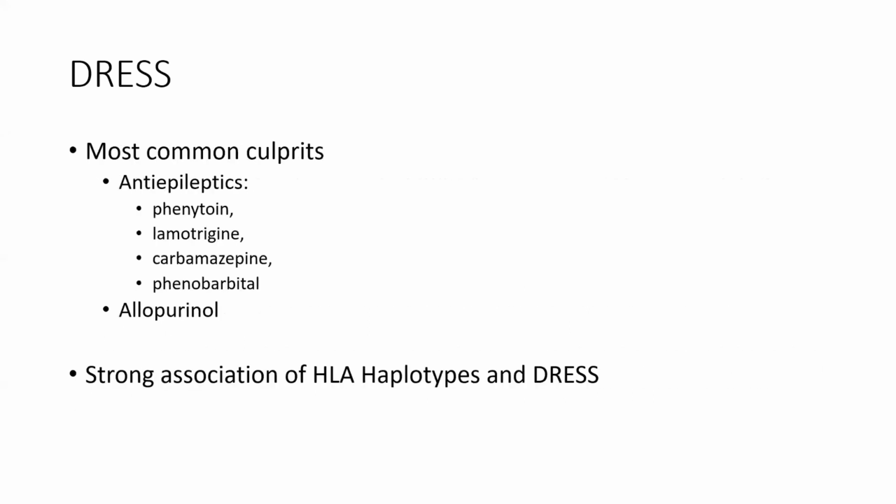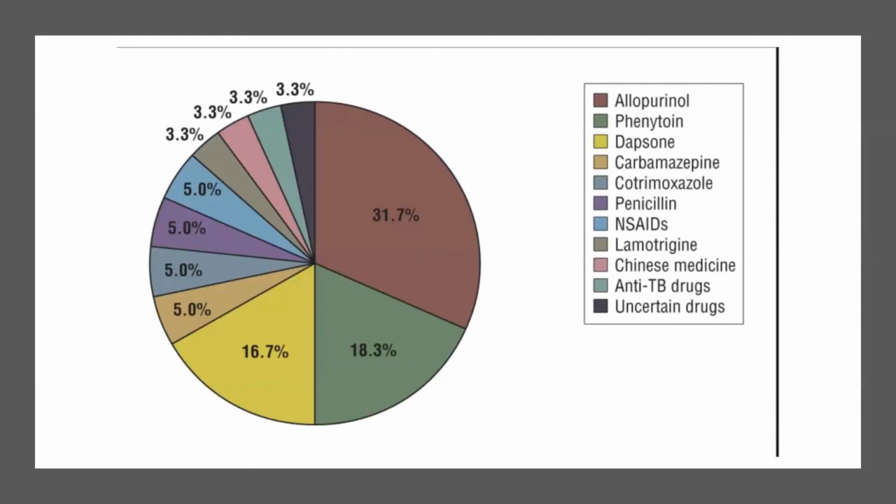So as you know, the most common causes for DRESS is actually drugs. Main drugs, the anti-epileptics, and there's a strong HLA association. So this is a pie chart showing the most common drugs that we see causing DRESS syndrome.